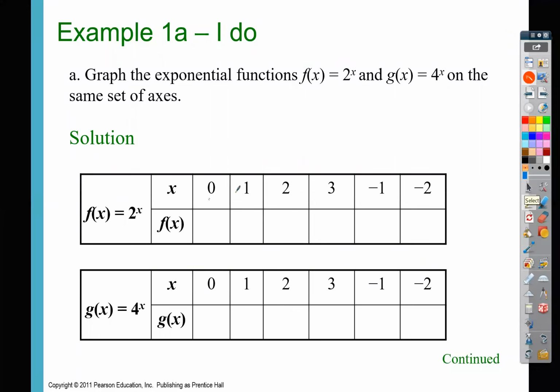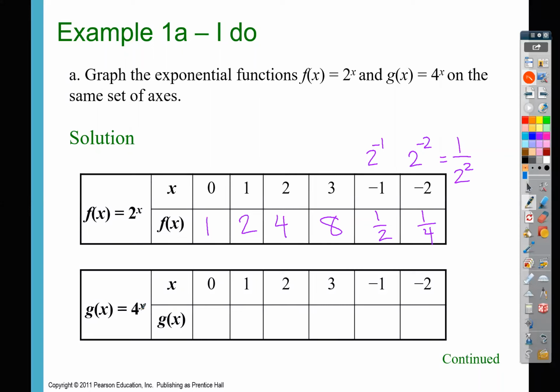If I plug in 2 to the 0 power, that equals 1, because anything to the 0 power is 1. 2 to the first power, 2 squared, 2 cubed, okay? 2 to the negative 1 would be 1/2. 2 to the negative 2, remember you flip it, so it'd be 1/4.